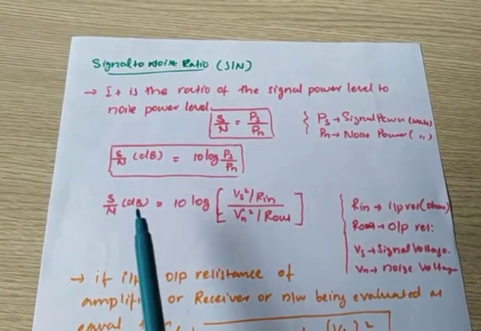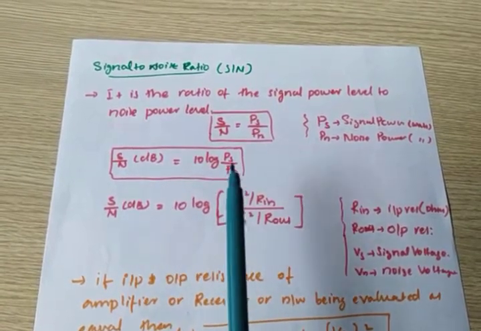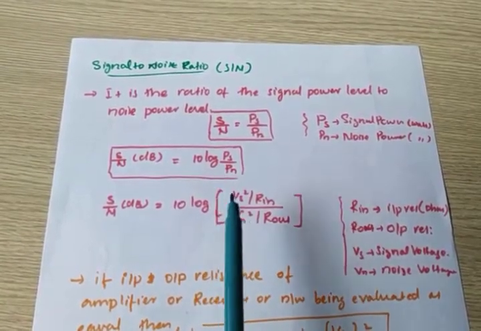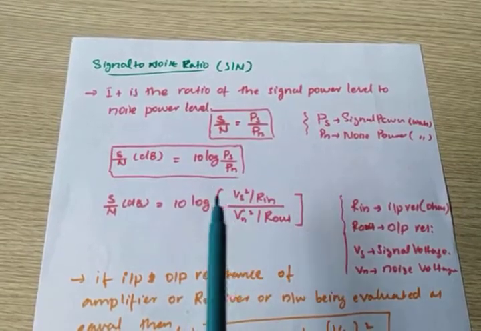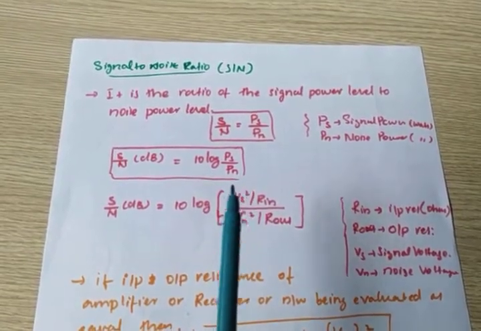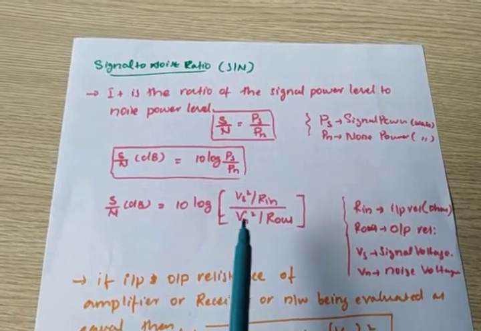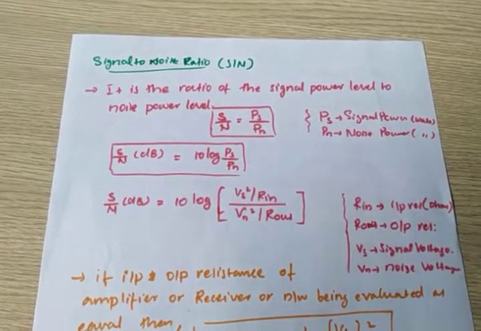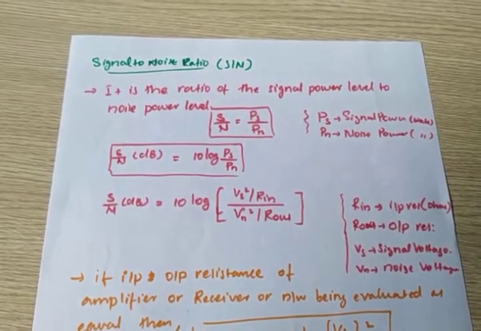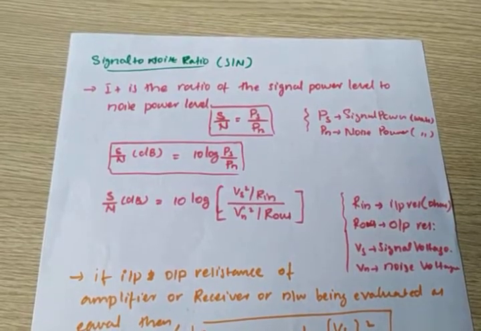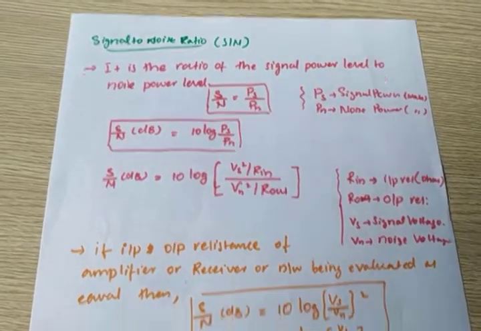So S by N in dB is equal to 10 log Ps by Pn. Ps is Vs square by Rn, and Pn is the noise power, Vn square by Rout. This is generally the representation of S by N in dB.